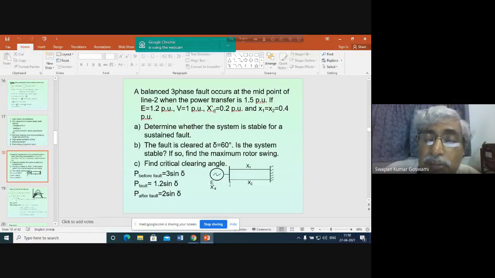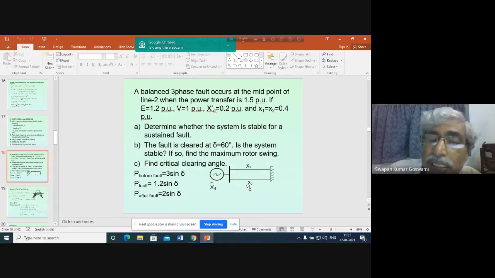During fault, you see that fault has occurred here. So this portion is connected to ground. So from this bus, this reactance is connected to ground. From this bus, this reactance is connected to ground. This reactance is between these two buses, and the generator is represented by generation voltage in series with that reactance. So this is the circuit.